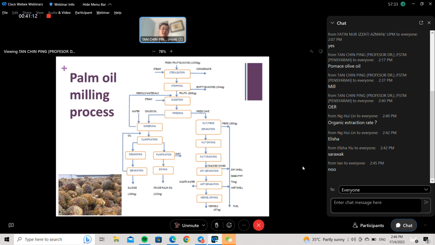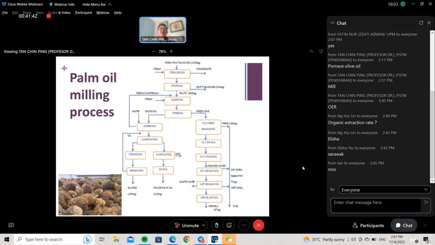That is not possible because in a day mills can sometimes handle a few 100 tons. 1 ton is 1,000 kg. They can handle a few hundred tons of FFB. So with that, they require the first step, sterilization, to cook the fruits.